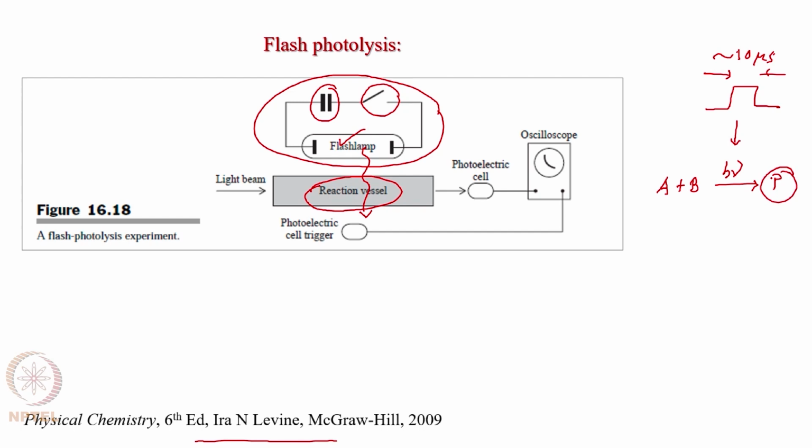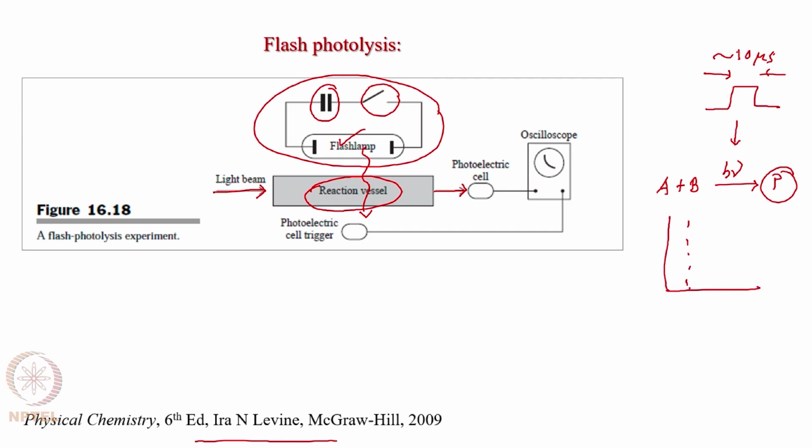Now, again, everything has a time scale. The product P will form over time, and I can simultaneously pass a light beam and do some absorption or emission based experiment, as I outlined in the previous flow technique. Then one can see directly in the oscilloscope or in some detector how the product gets formed.